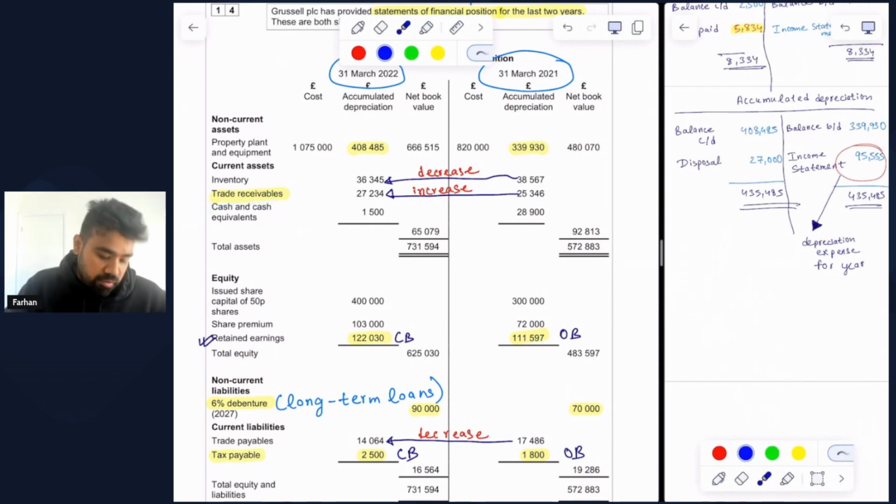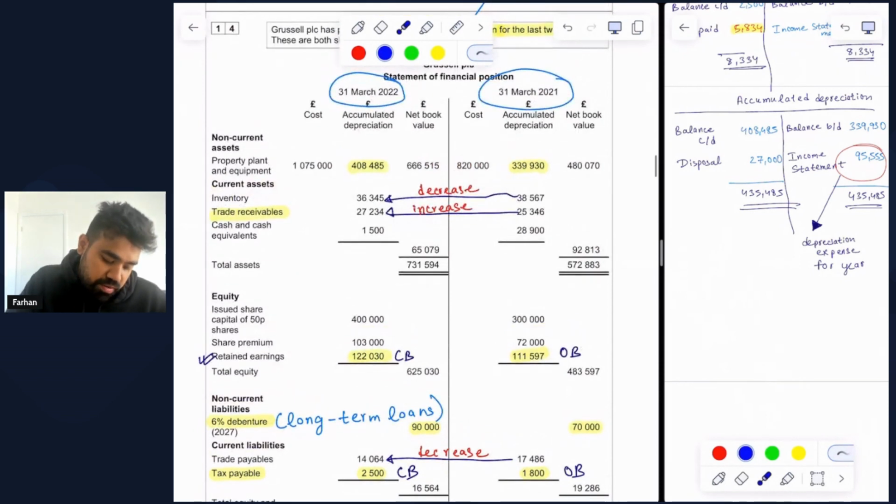Okay, so inventory at the end of the previous year had a balance of £38,567, and at the end of the current financial year has a balance of £36,345. This reflects a reduction from one year to the next. As you can see, I've mentioned a decrease. And what's the exact amount of this decrease? So you take your calculator, you find the difference.